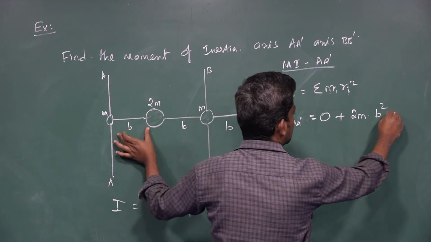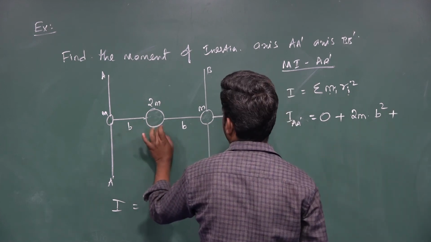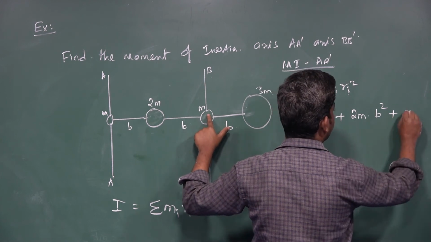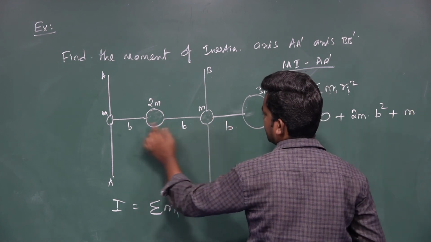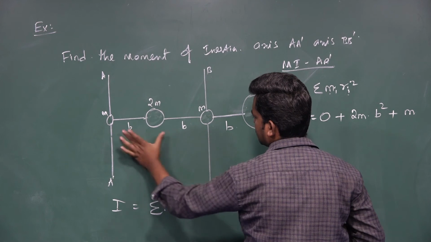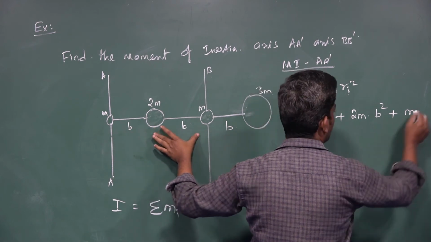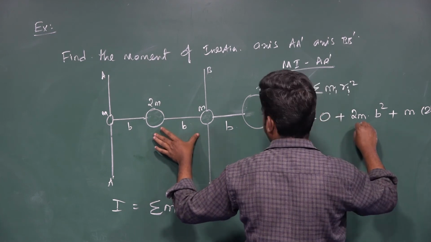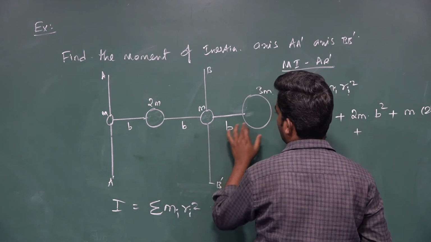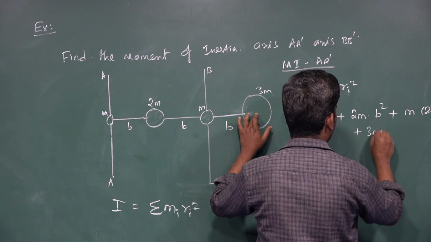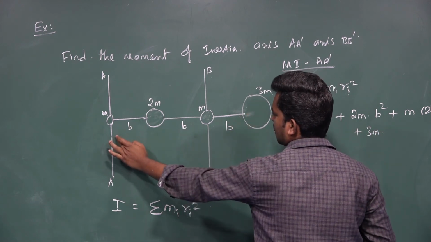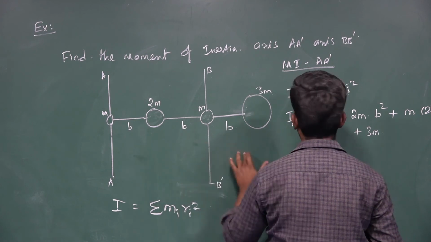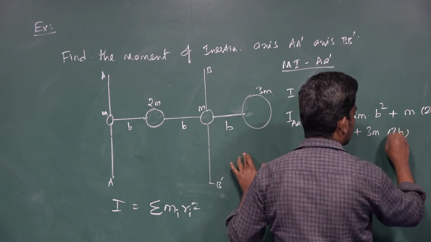Another one, plus the third, point mass m at distance from the axis b plus b, so (2b) whole square. Plus the point mass 3m, the overall distance is b plus b plus b, so (3b) whole square.